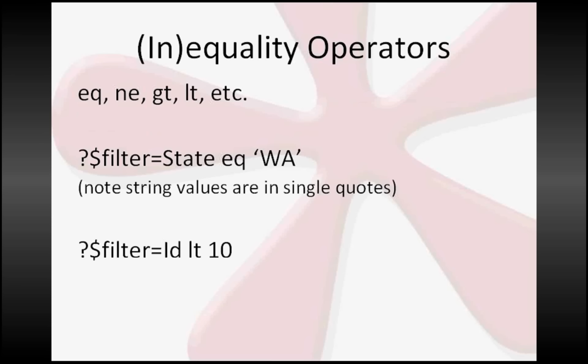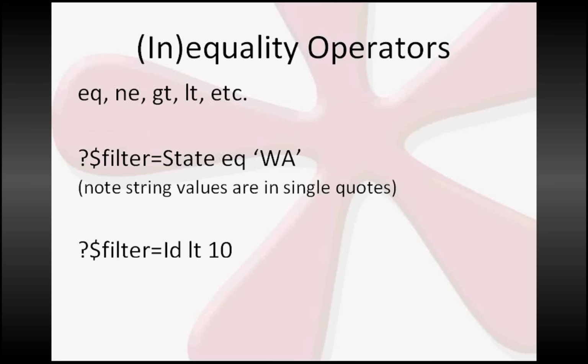So we have equal to, not equal, greater than, less than, and there would also be greater than or equal to, which would be GE, or less than or equal, which would be LE. So if I wanted to pull back records that only had IDs under 10, I'd have a filter of ID LT 10.